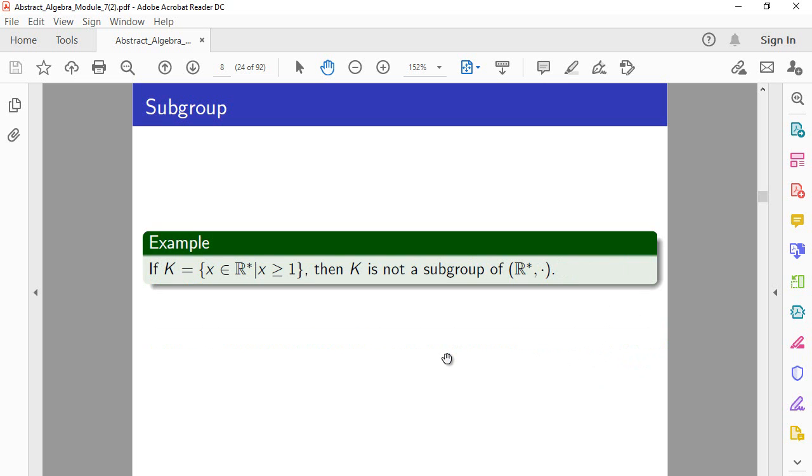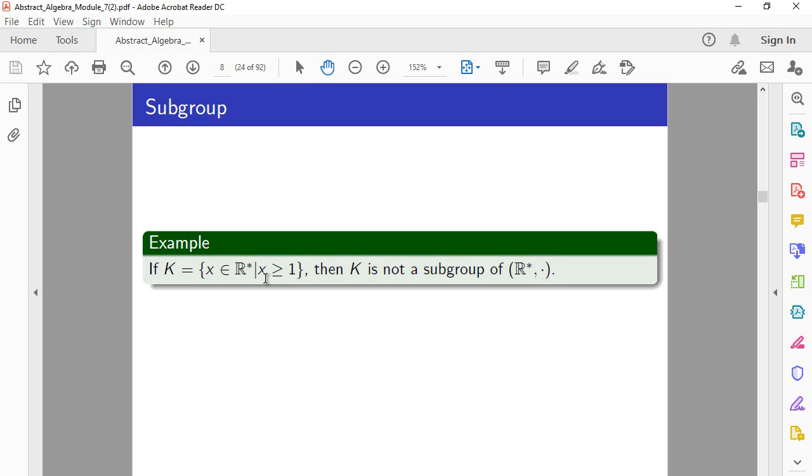One last example in this video. Here I take K to be the set of all non-zero real numbers which are larger than or equal to 1. So these are again the collection of all real numbers greater than or equal to 1. Is that a subgroup of R star under multiplication?